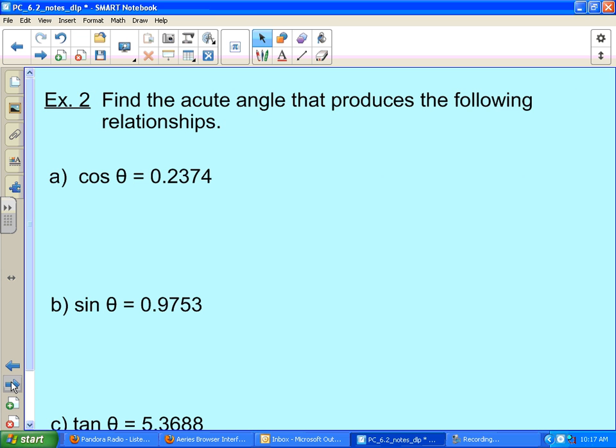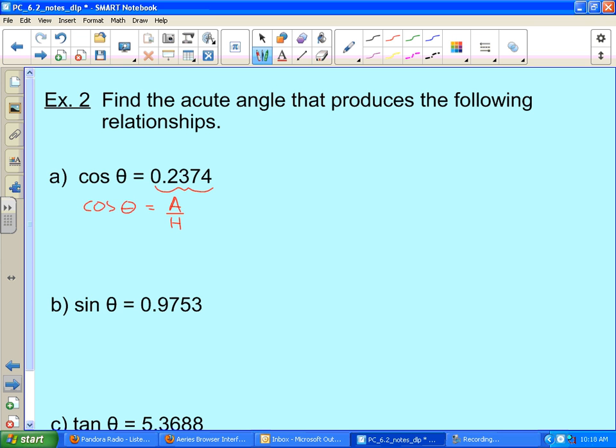So when you have something like cosine of some angle theta is equal to 0.2374, what you have set up is the A over H value here. So there's my ratio, and I'm trying to find out what triangle angle produced this ratio.